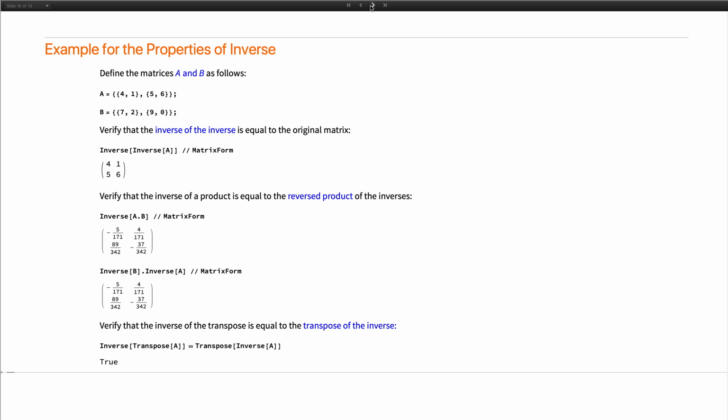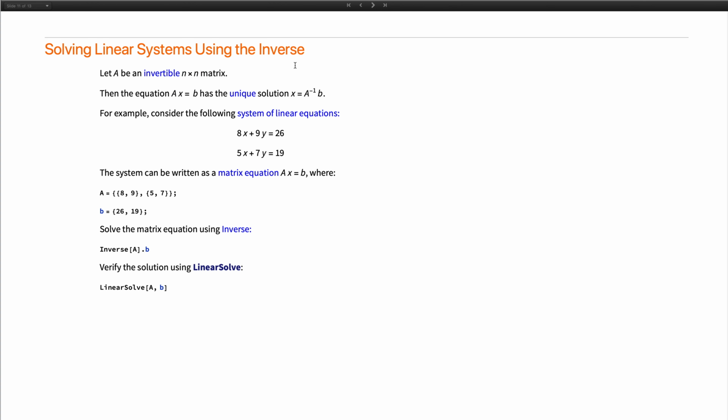Okay, now the whole point over here is that you want to solve linear systems with the inverse. So let's say you have an invertible matrix A, and you want to solve the system AX equal to B. Then this system has the solution A inverse times B over here. So that's a little bit like what you do in algebra.